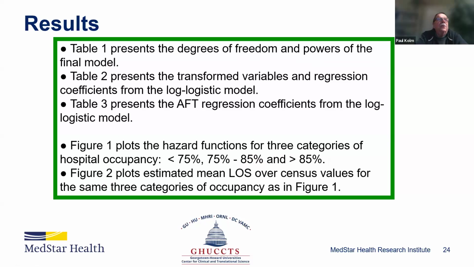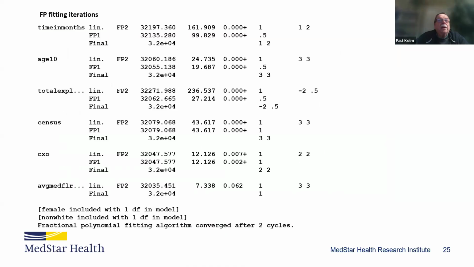I'm going to just go through 3 tables and then 2 figures here. The figures are really the ones we want to focus on, because that's where you really see what's going on. But I want to show how this works, and how the fractional polynomial works in applying it to our time to event model. One of the things you get in the output is the fitting iterations.